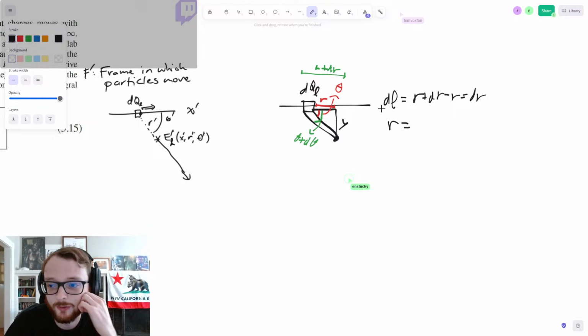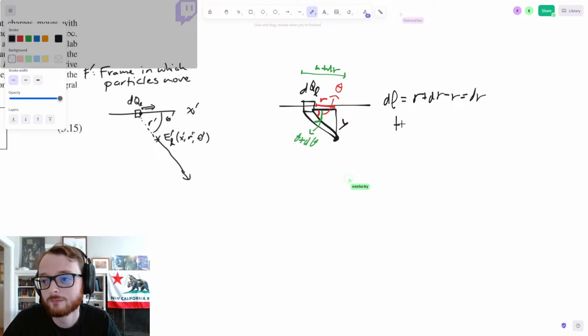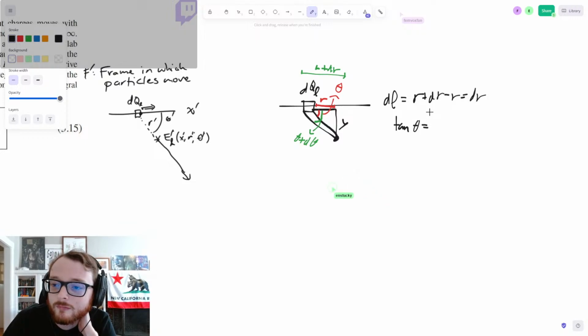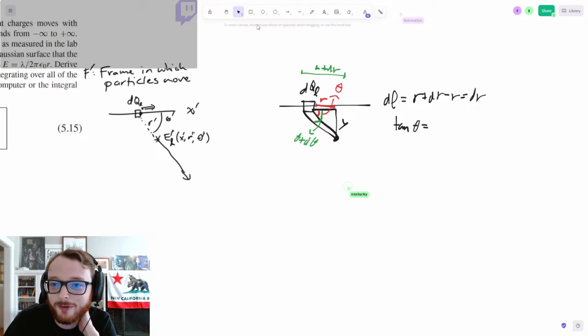Tangent theta is equal to. Actually, that y is where we really want the r. But it's a little bit late to change it now, I guess. No, that's right. Oh wait, why did I put r like that? R should be the hypotenuse. I'm defining this all wrong.